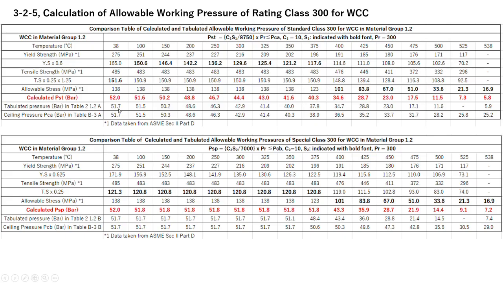So calculate the PSP number, write down here. 52.0 bar, 51.6. So that tabulated value pressure 51.7, 51.6, 51.2, 416. So that ceiling pressure for standard class, so assigned here.